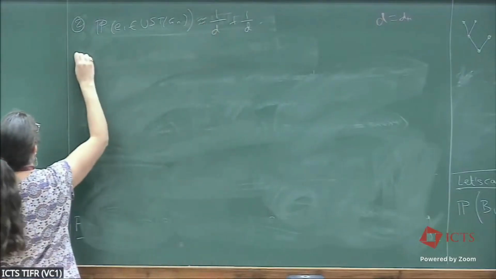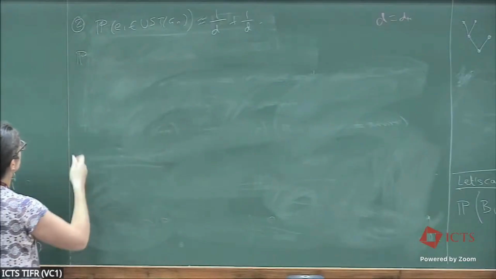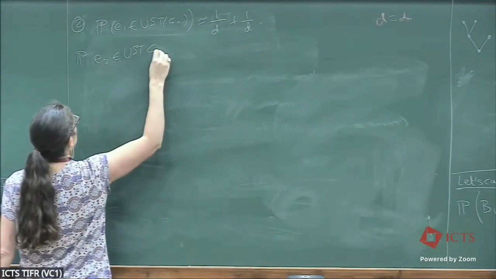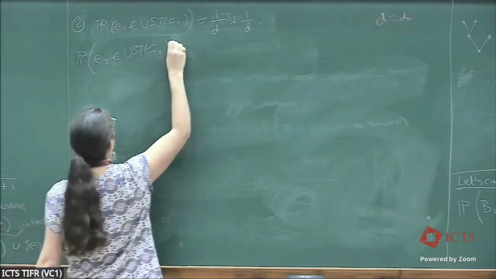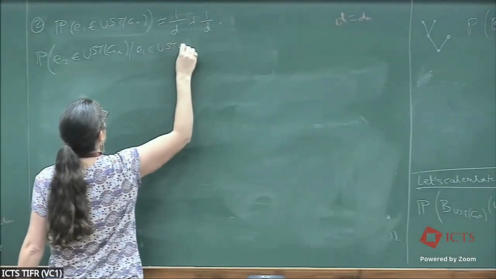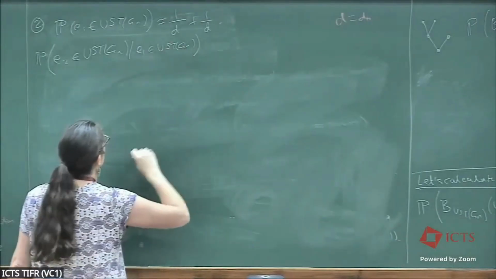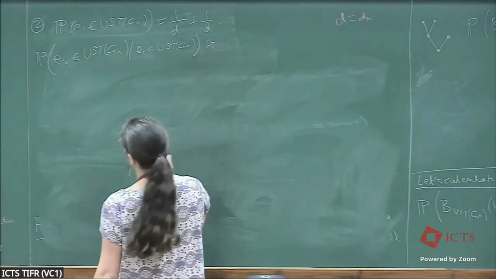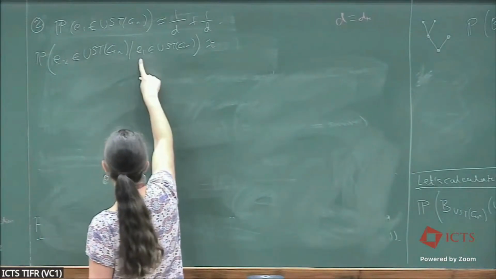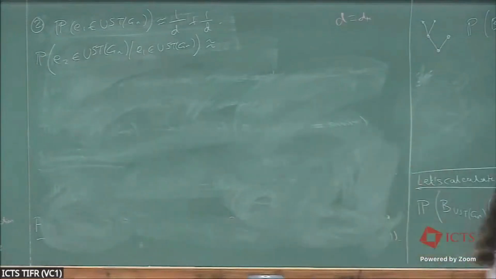Then I want to look for the whole sequence of edges. So what's the probability that the second edge is in the UST, given that the first edge is in the UST? Now I've conditioned, but that's not a problem because I know how to deal with my conditioning. What do I do to condition on this being present? I should contract this edge.